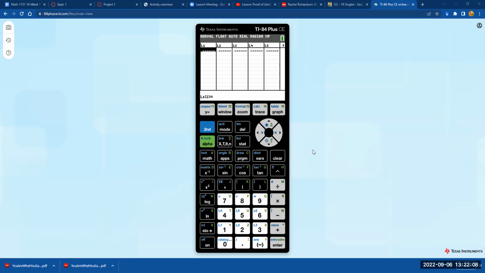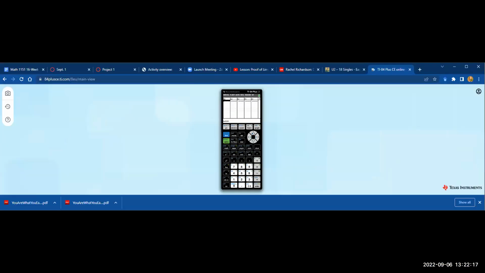Let me see. 11, enter. No, it didn't enter. Let me try that again. I have to find a way to look at the data and also input it in the calculator. And I may just have to have my 2 computers open.